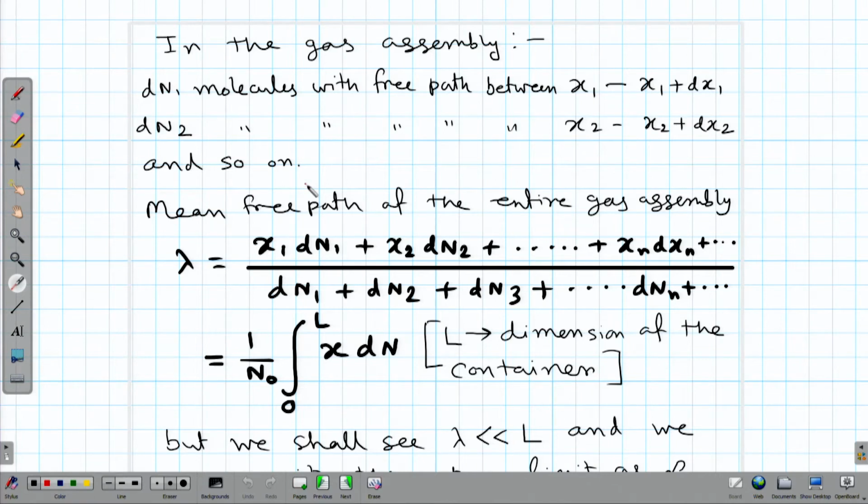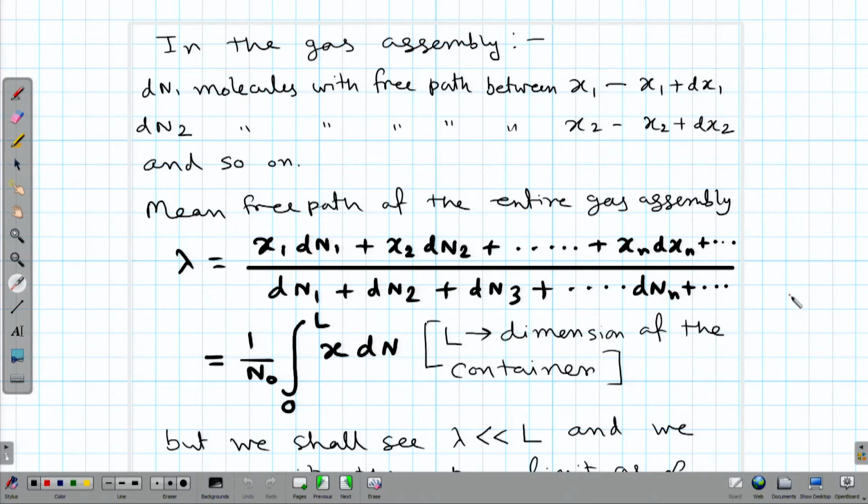So, by definition, the mean free path will be x1 dN1 plus x2 dN2 all the way up to xn dNn, divided by dN1 plus dN2 plus dN3 all the way to dNn, and so on.